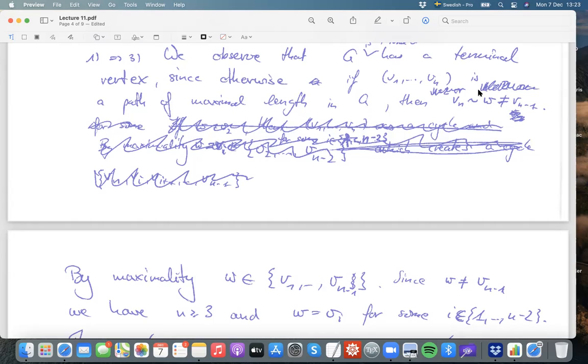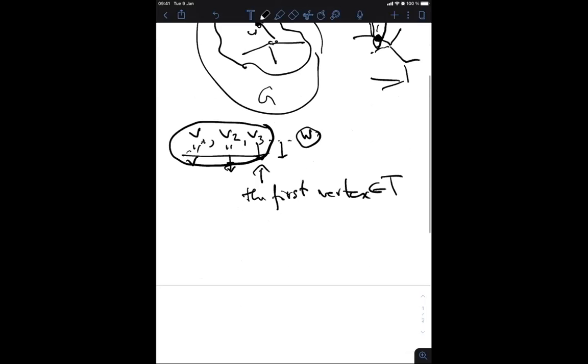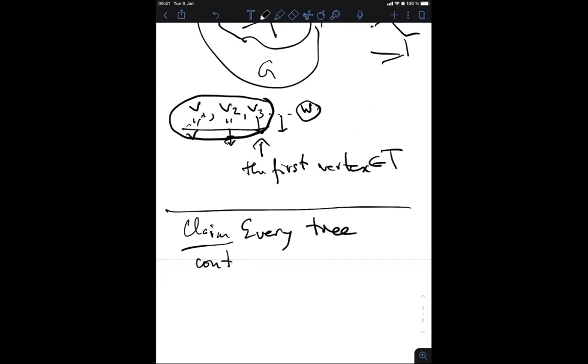Okay, maybe I should try to explain this by drawing. Sorry, let me do that. I have to jump back and forth a little bit. Okay, so the claim which we have is: every tree contains a leaf.